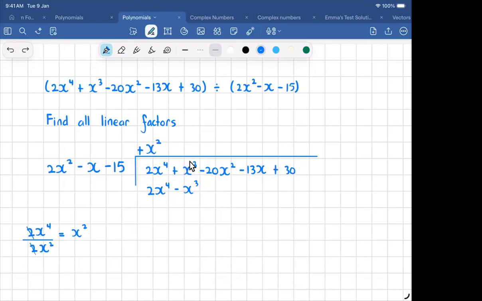All right. Avinash, what do you think is the next step? Did we multiply x squared by the entire divisor? Nah, sir. What we have to do next? Think about 15. You got negative 15.